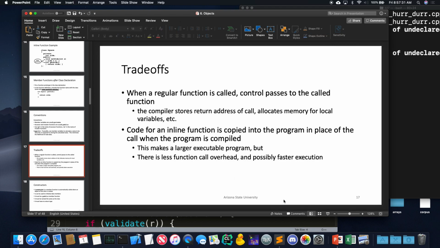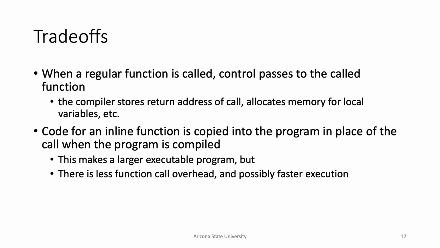So let's see. Yeah. So some trade-offs. When a regular function is called, control passes to the called function. So just as we expect. You don't need to know this point right here about the compiler storing the return address, but that's basically how, if you actually run this where it passes control, it knows to go back to the original caller of the function.